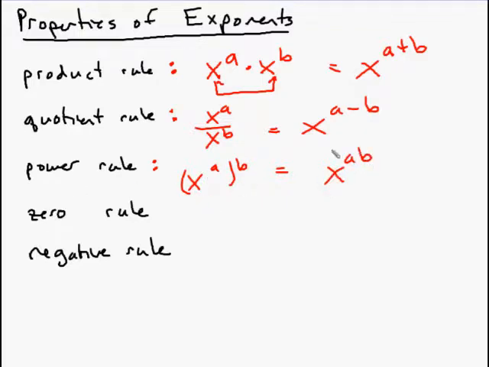If I have a power to a power, I multiply them. And the 0 rule, anything to the 0 power is 1. Please don't mess that up.